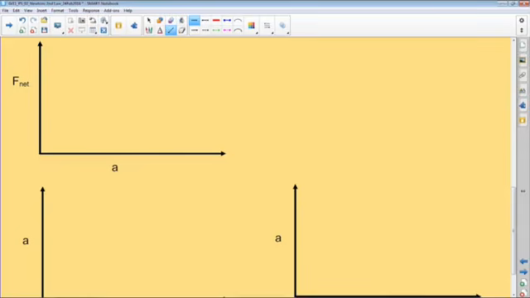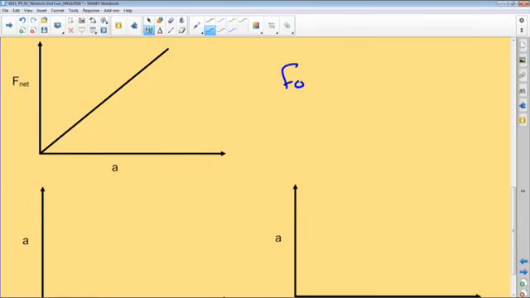So if I draw this in here, I can draw that graph just to make sure that it's in the right place through the origin. Right. So my F net, so here my force is directly proportional. That's what this graph means.